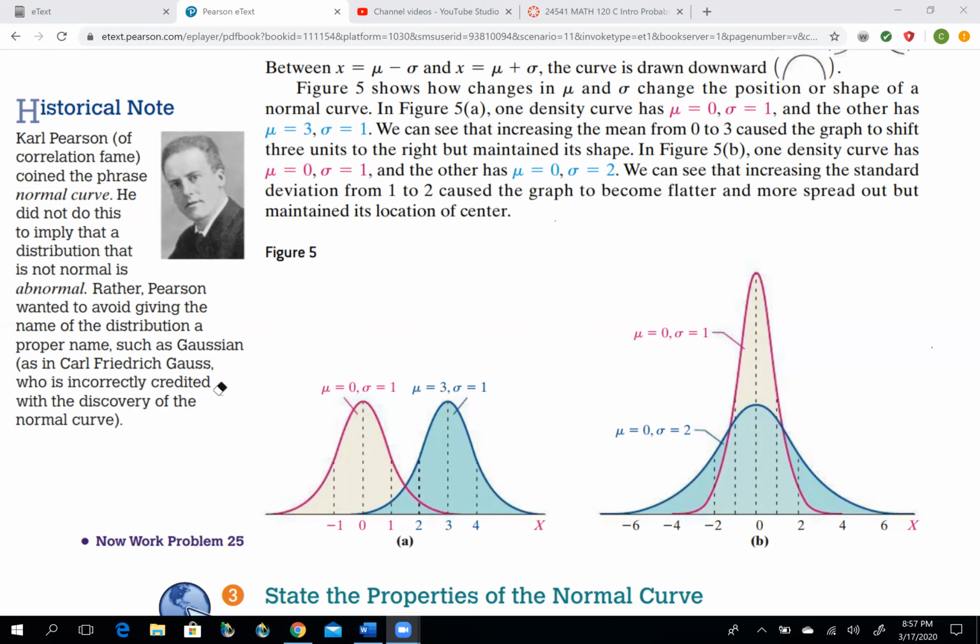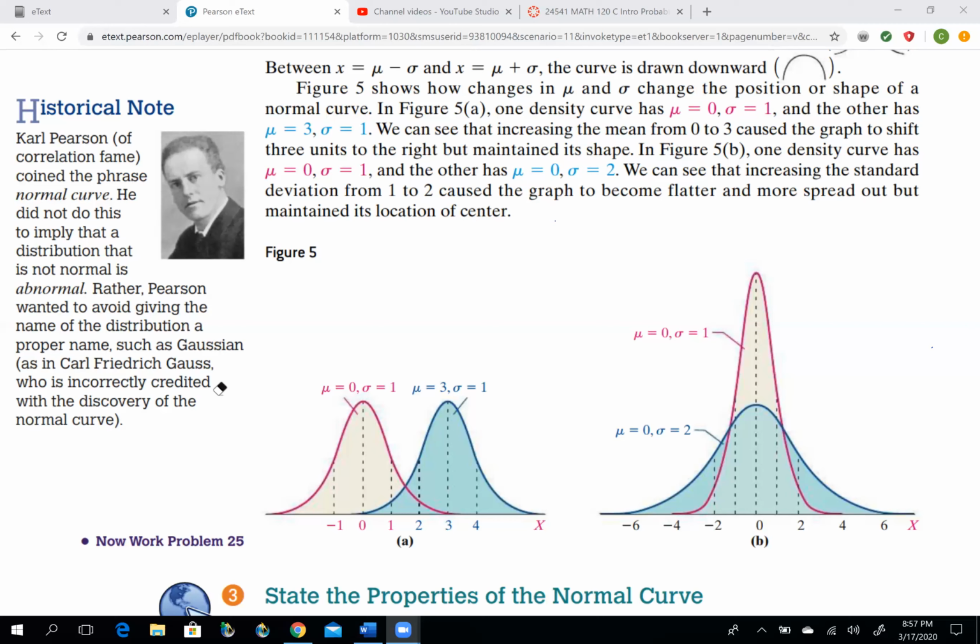But look at the next one, graph B. The mean is the same, the mean is 0, but the standard deviation of the red one is 1, and the standard deviation of the blue one is 2. Uh-oh, look, guys, here what happened. As the standard deviation increases, the red one is 1 but the blue one is 2, so it's increased and the data is more spread out.